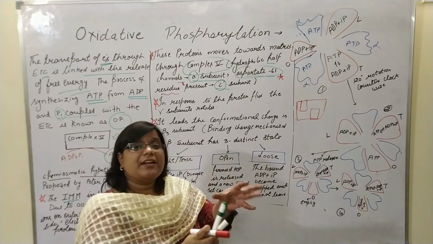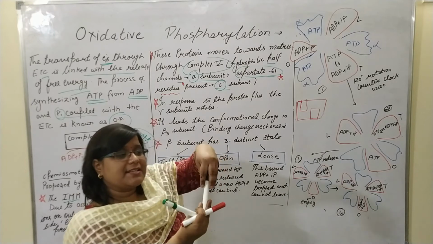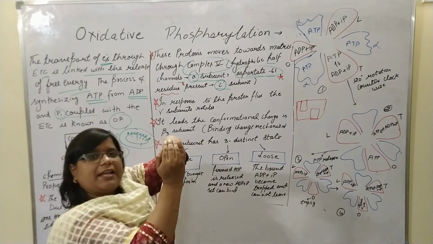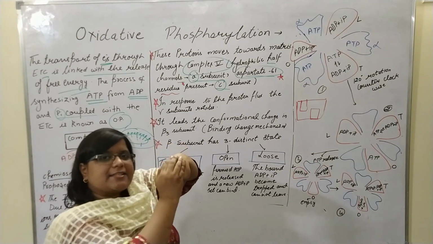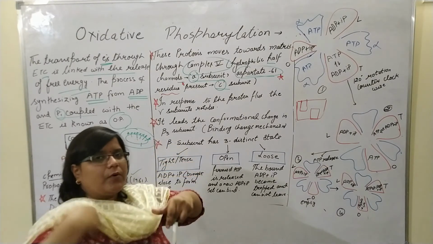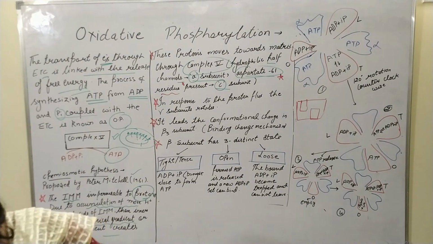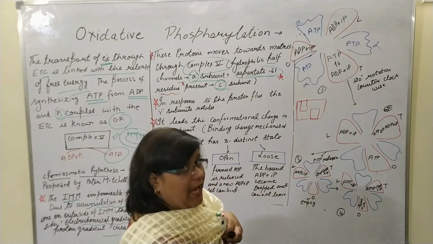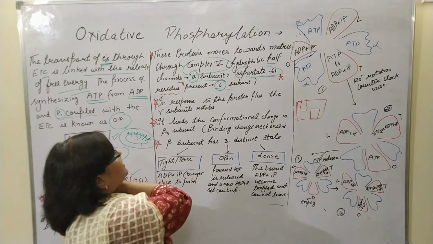Suppose this is the A subunit, this is the stalk, and this is the C subunit, with the A subunit beside it. So the A subunit contains the half channels. These half channels are mainly responsible for the shuffling, and the C subunit has the aspartate 61 residues.